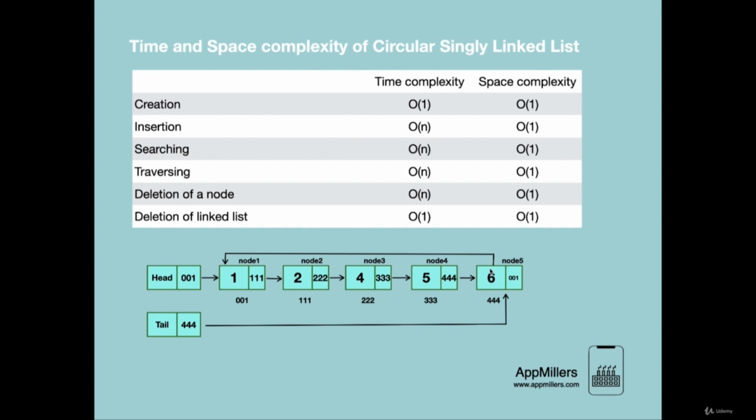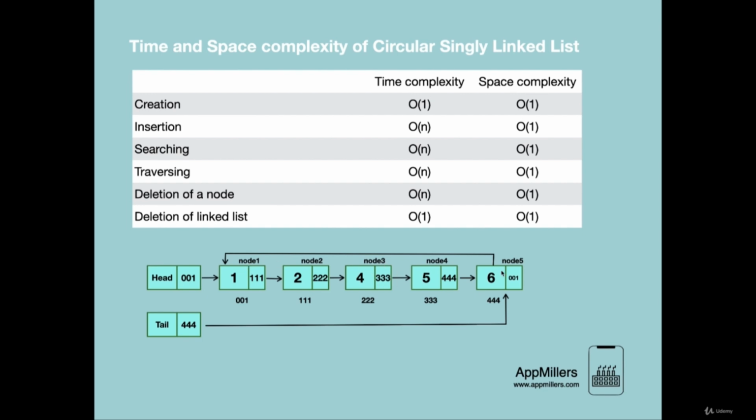Now the next operation is deletion of a node from circular single linked list. Deletion of a node can be in three cases. We can delete a node from the beginning, from the middle, or from the end of circular single linked list. If we delete an element from the beginning, this takes O(1) time complexity.